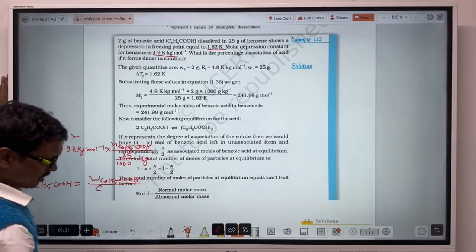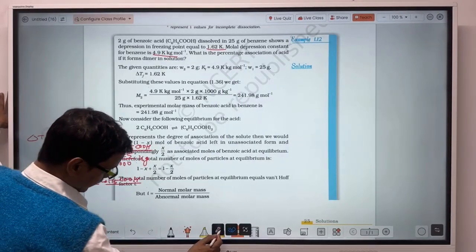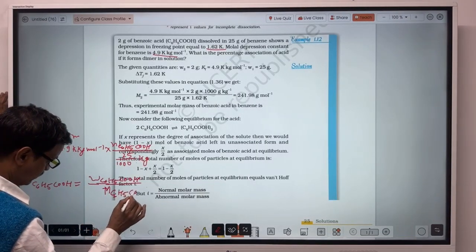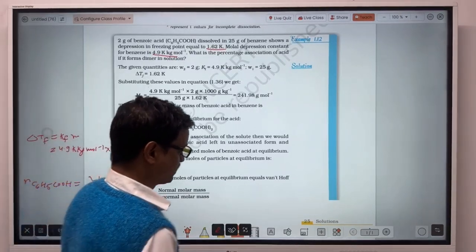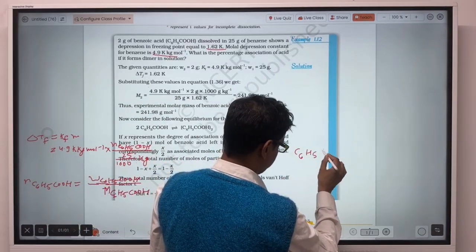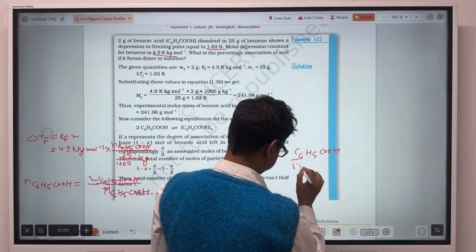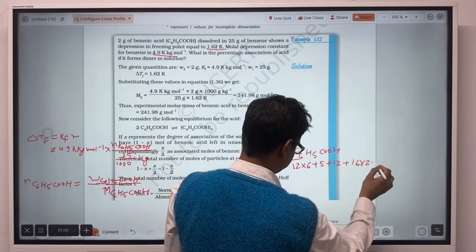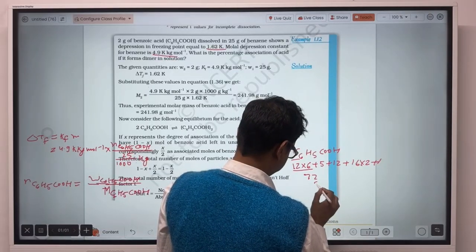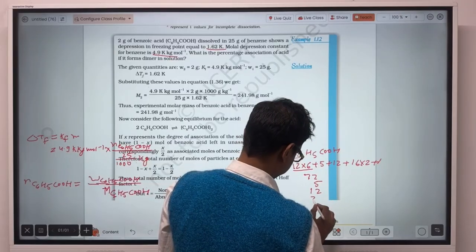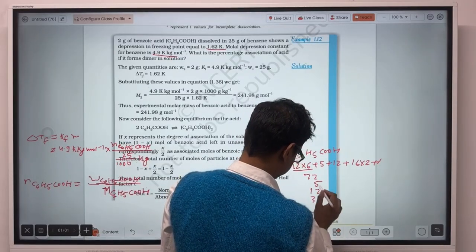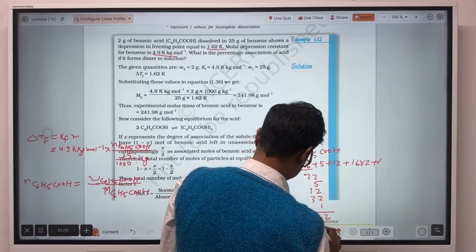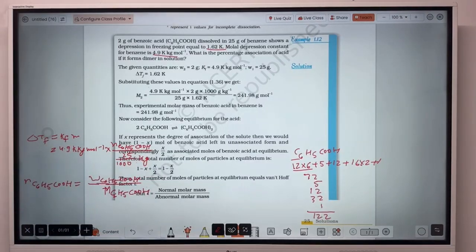The molecular weight of benzoic acid, C6H5COOH, is 122.